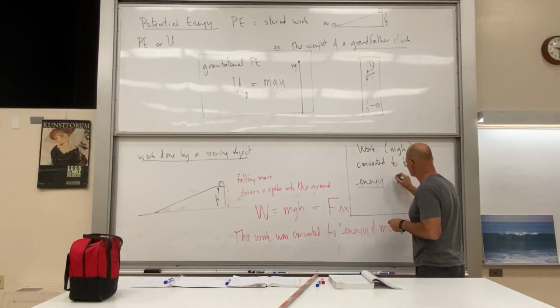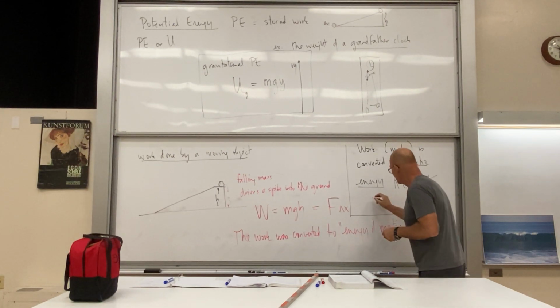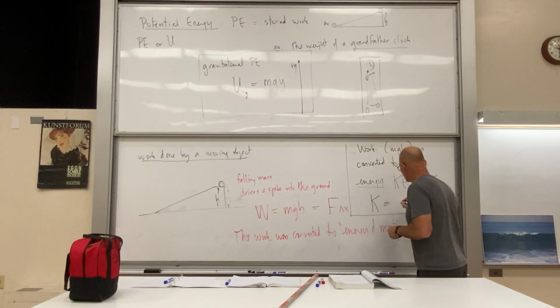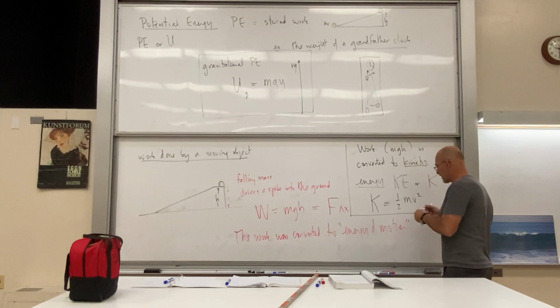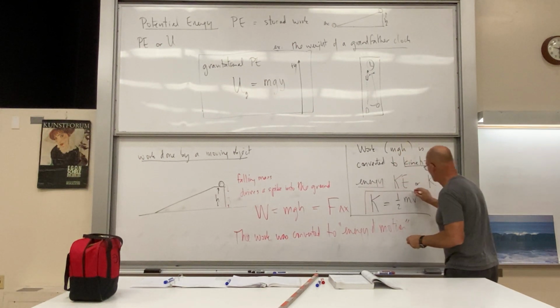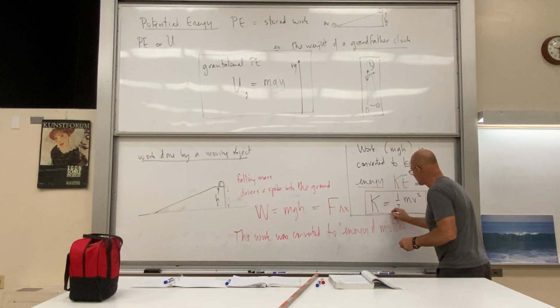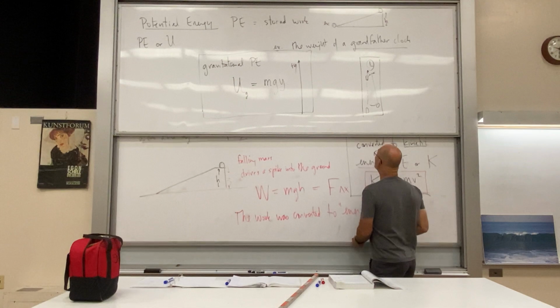And kinetic energy, or capital K, will have K is equal to 1/2 mv squared. So this is a very important definition. 1/2 mv squared. And let me show you how that comes into being.